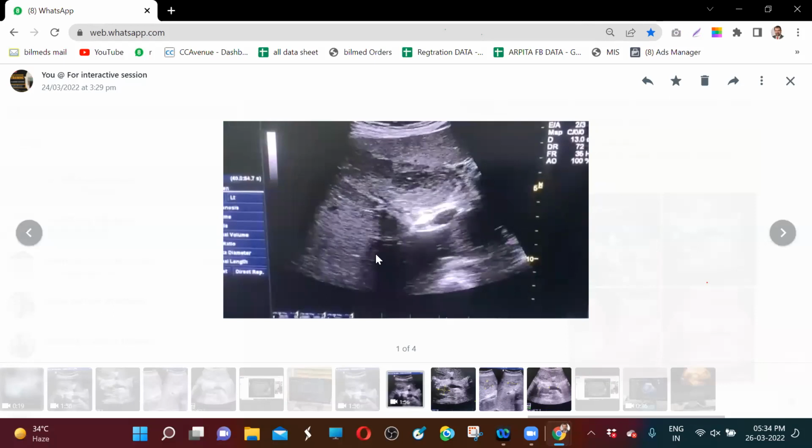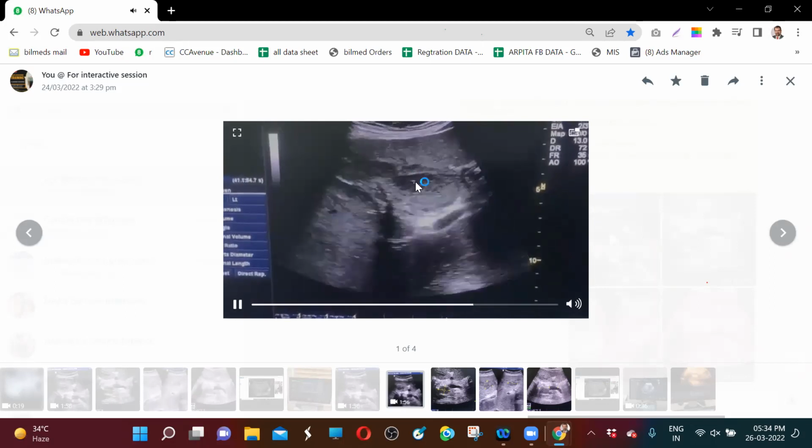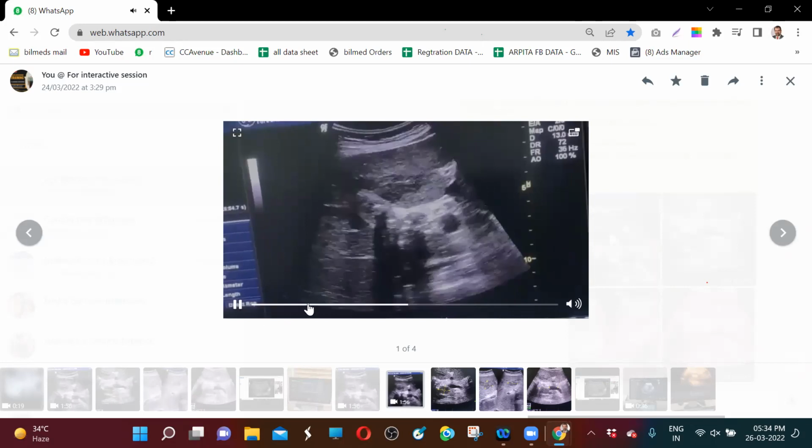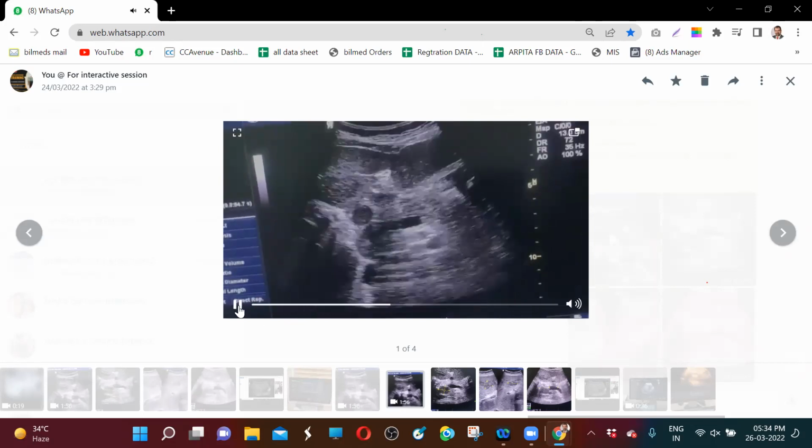So first point which I have to think is, is this an area of focal sparing? Because this is a hypoechoic area. Point number one. Point number two, this area, now see, this fourth segment is, wait, let me go to that clip.